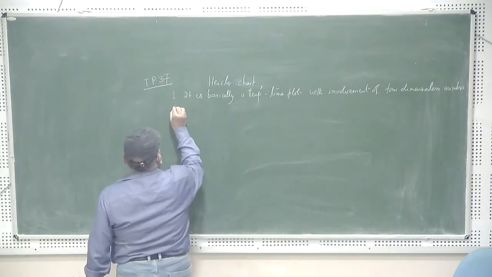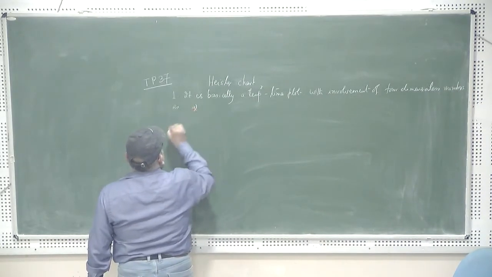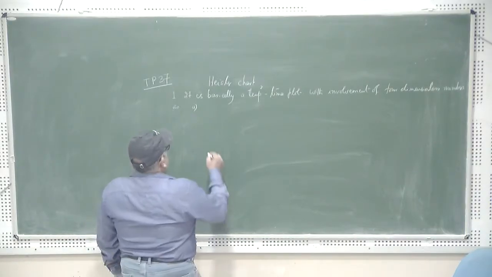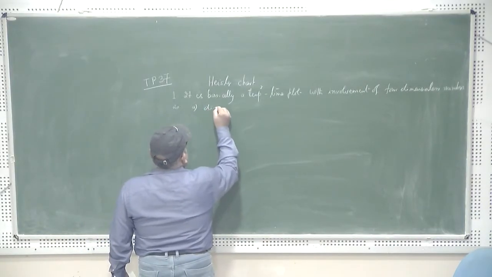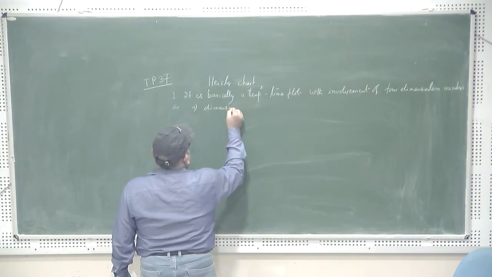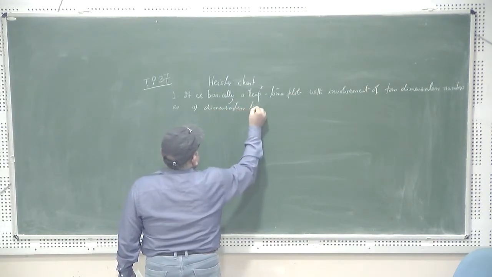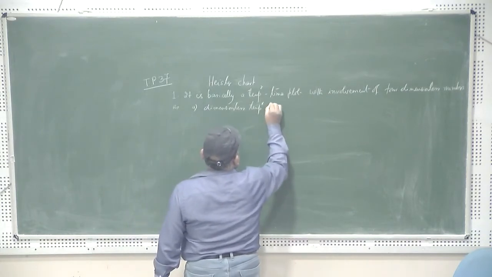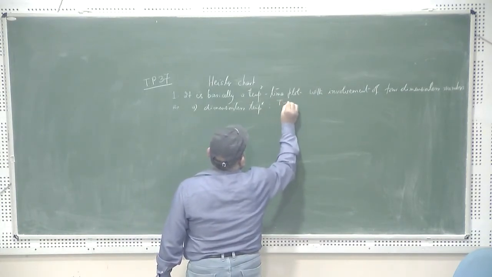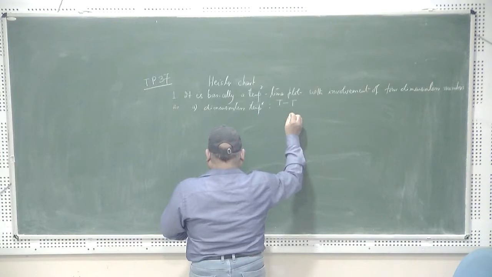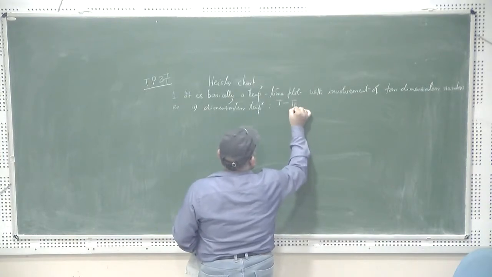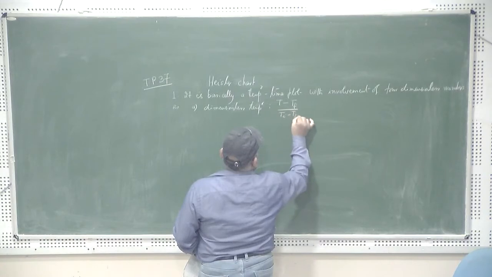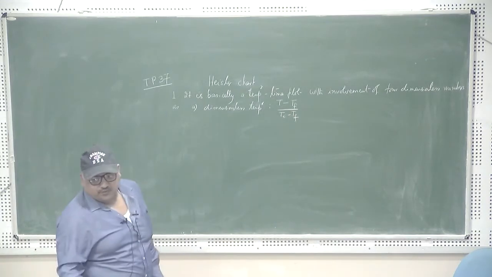The first dimensionless number which is involved is dimensionless temperature. This is defined as T minus Tf divided by Ti minus Tf, where Tf is the temperature of the fluid.